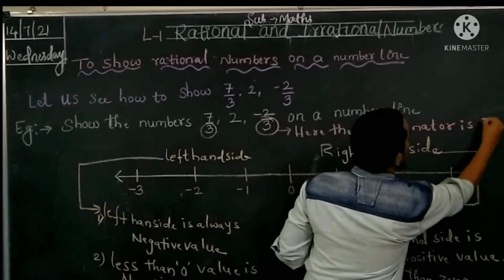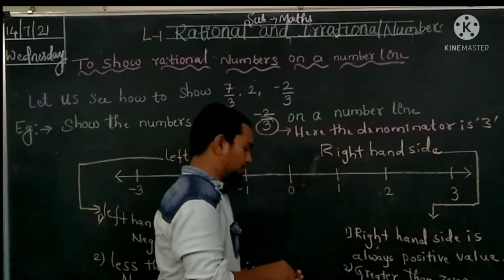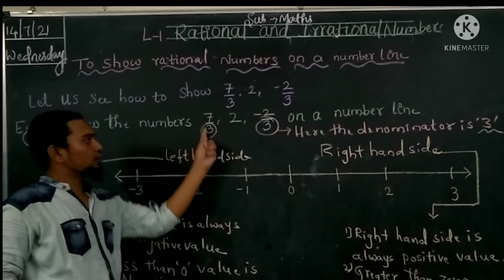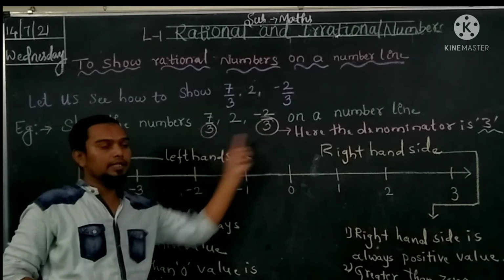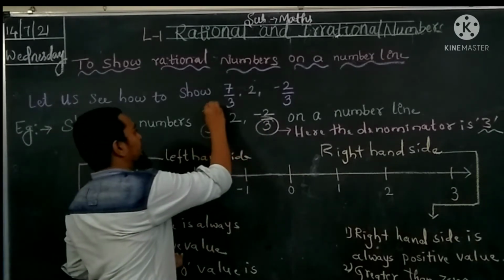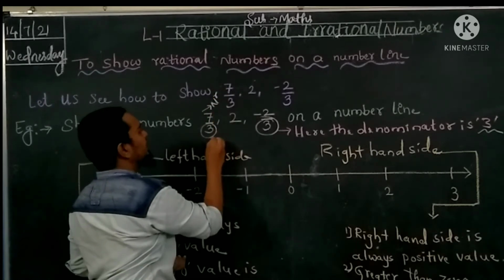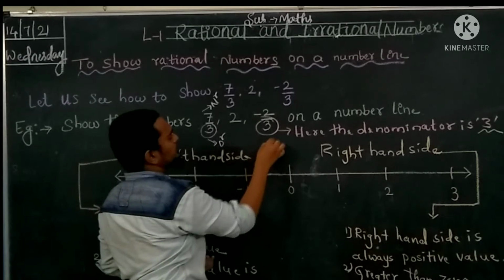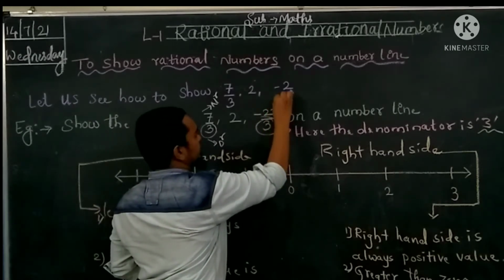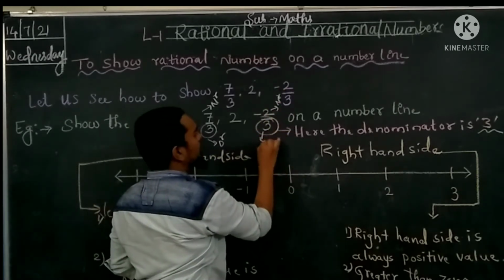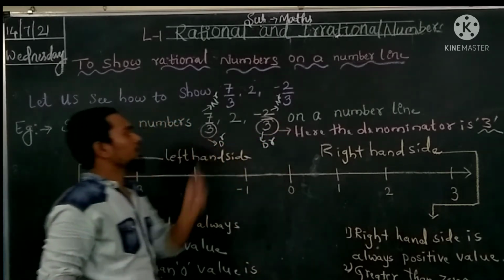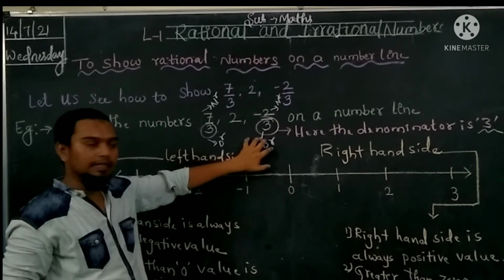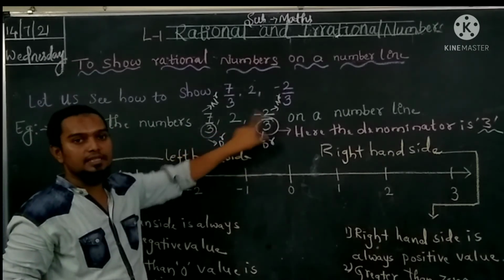Here also denominator 3. This one, 7 is numerator and denominator is 3. Here numerator is minus 2 and denominator is 3. In both sides, 7 upon 3 and minus 2 upon 3, the denominator is 3.